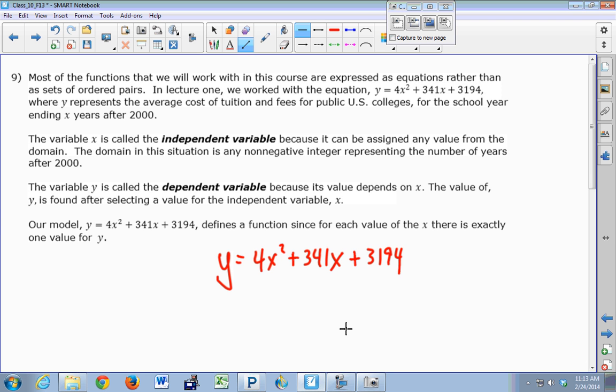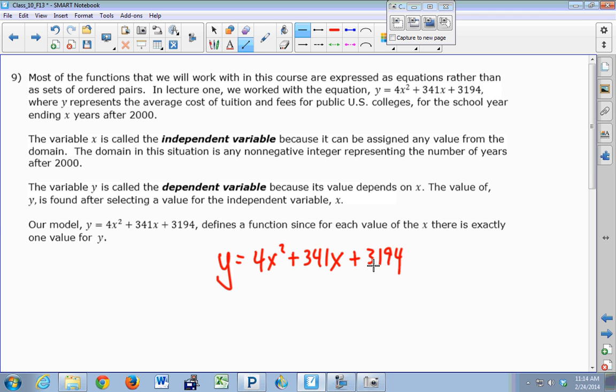So now, when we have an equation like this, which is what we're used to looking at, we have names for the x and y variables. X is free to be any number that fits this context. Before, let's not look at the story yet.